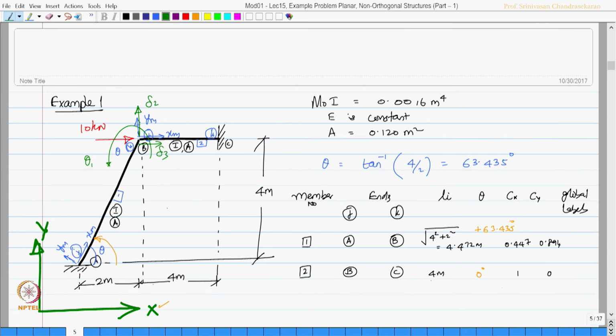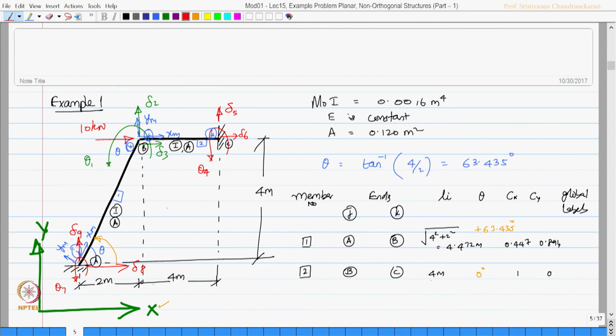Okay. These are the unrestrained degrees. The restrained degrees are going to be, let us say theta 4, delta 5 and delta 6 and theta 7, delta 8 and delta 9.